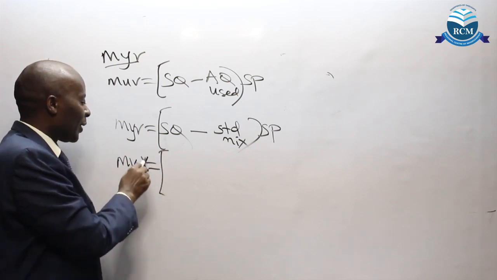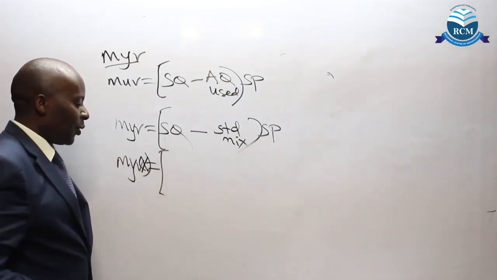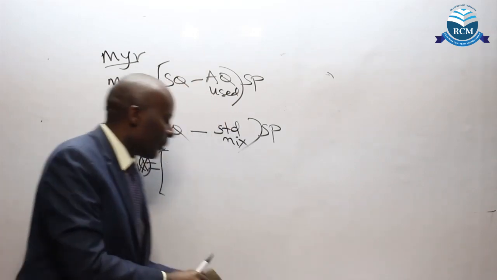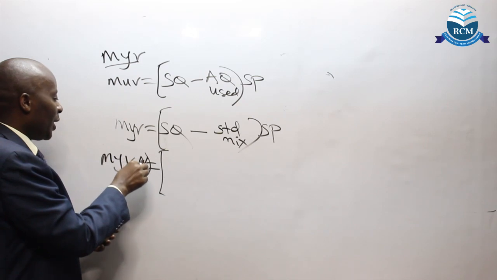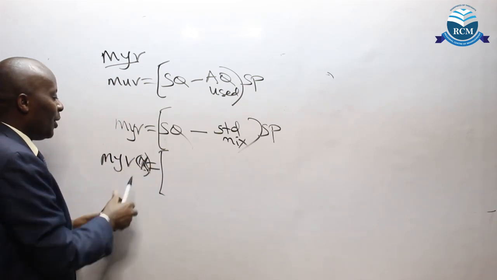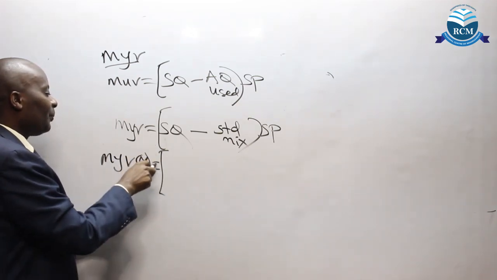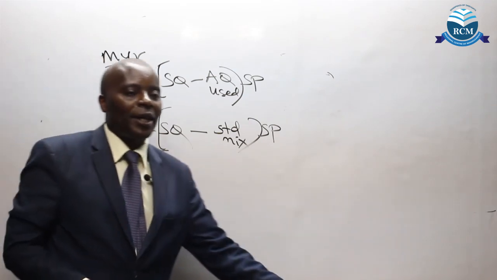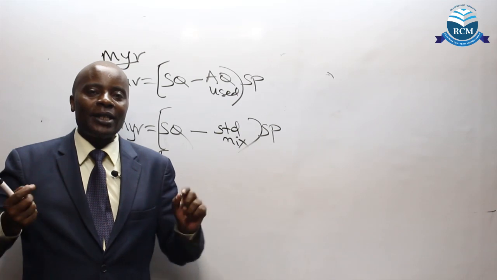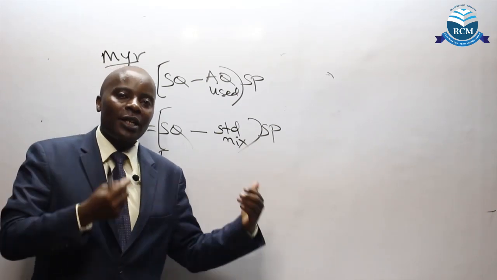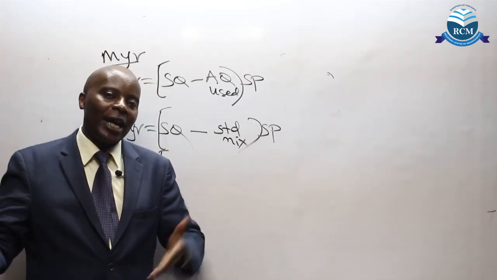For X, I want us to go slowly here. Material yield variance for X. Remember, anytime you see capital SQ, it stands for standard quantity for actual production.